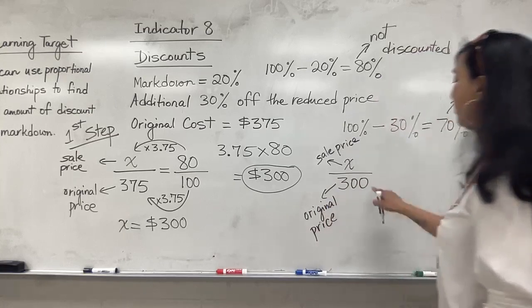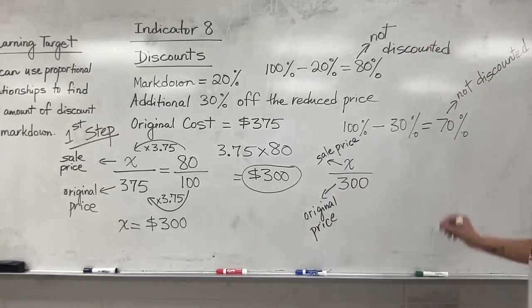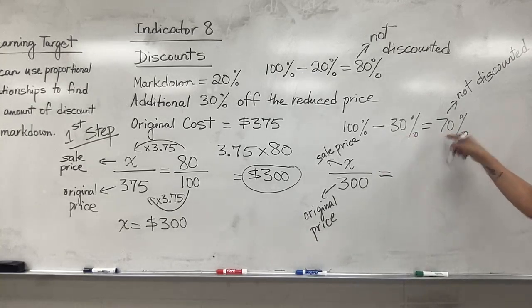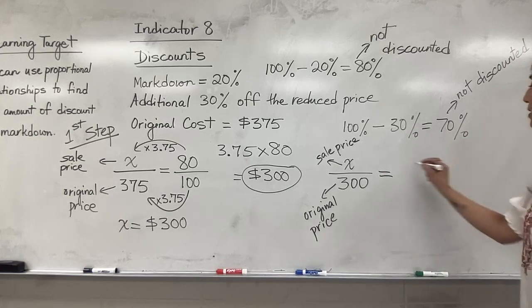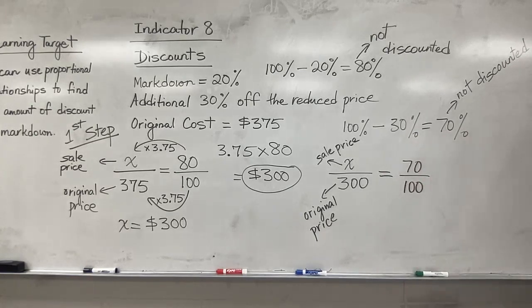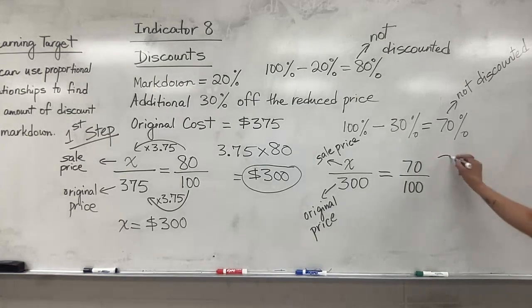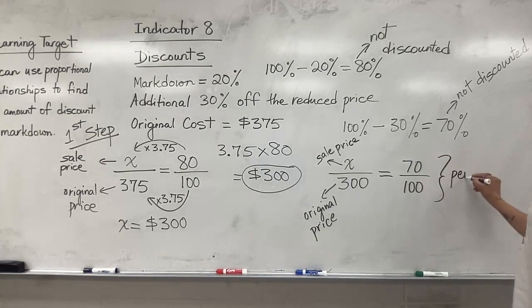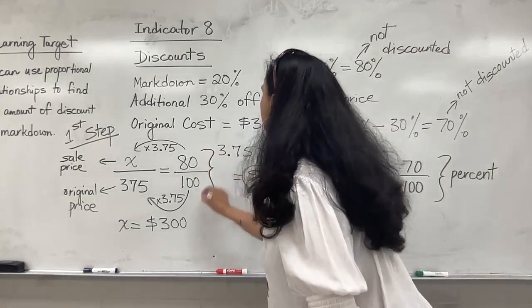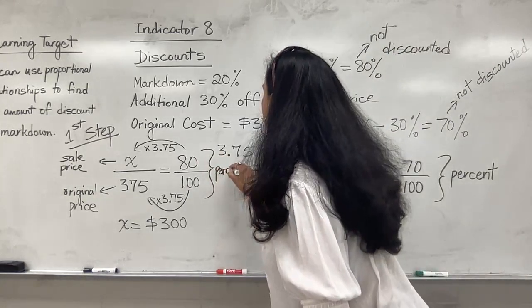Okay, because that is the value of the item right now, is equal to, and 100 minus 30%, I got 70%. That'll give me the direct sale price. So 70 over 100. So this is my percent part. Okay, so this is my percent part. Whenever I'm writing on the right with ratio reasoning, please remember this part is always the percent part.